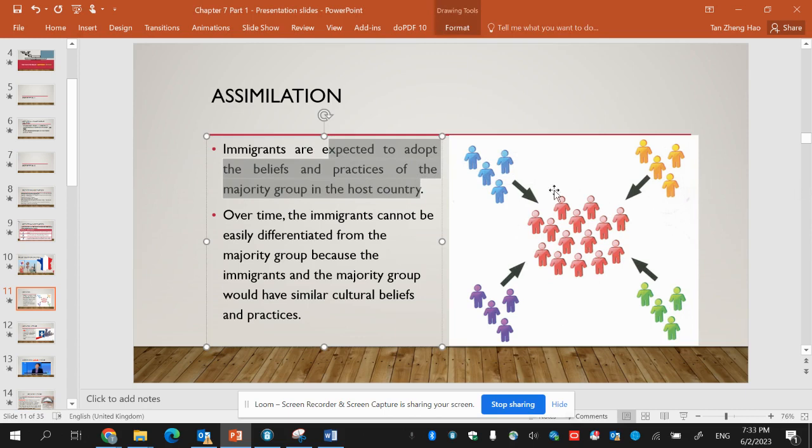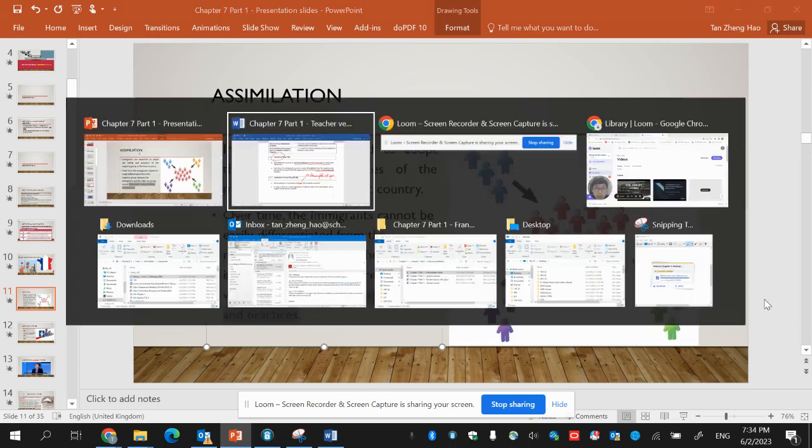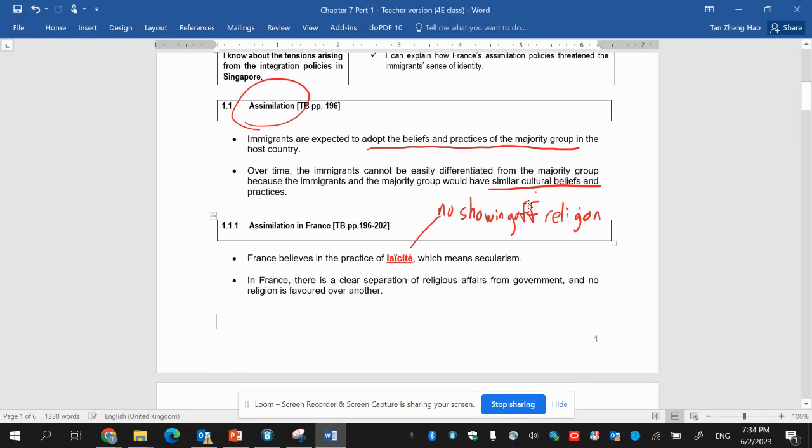That means if you go to France and you need to assimilate, you need to act like the French. You need to have similar cultural beliefs and practices that the French people have. This is the main point you should underline in your notes: have similar cultural beliefs, and follow the majority group. That's what France is doing.